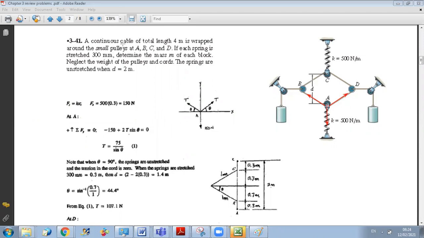So now, this is T2 and this is T2. And we already calculated together the angle alpha, or theta, as they call it here. So already we know the angle theta, so we can now do the projection at A. So from point A, I can say that the sum of y equals 0.